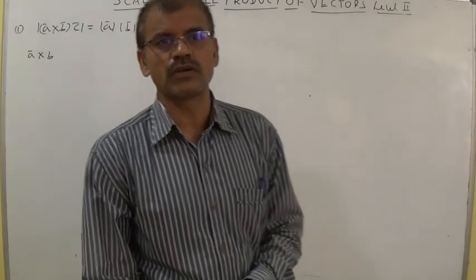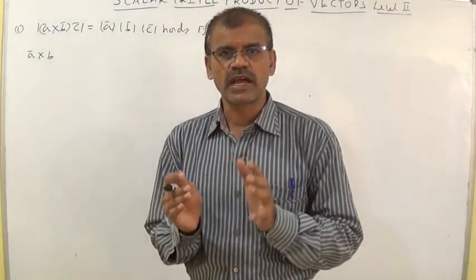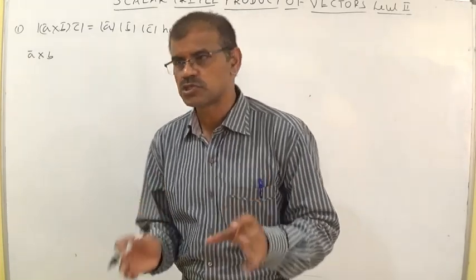This can be taken as the unit vector concept: C bar is perpendicular to both A bar and B bar, that is, A cross B is perpendicular to both A and B, so C bar is parallel to A cross B, and the angle between C bar and A cross B is always 0.